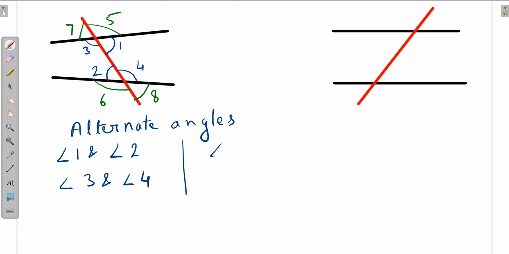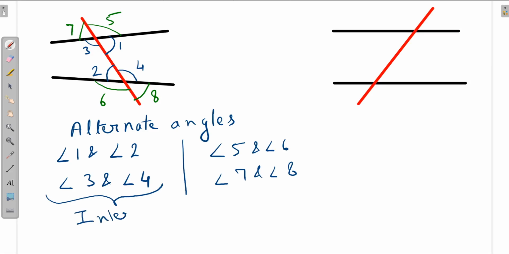Similarly, here angle 5 and angle 6 are alternate, and angle 7 and angle 8 are alternate angles. But these angles are alternate interior angles because they are interior, and these angles are exterior angles.